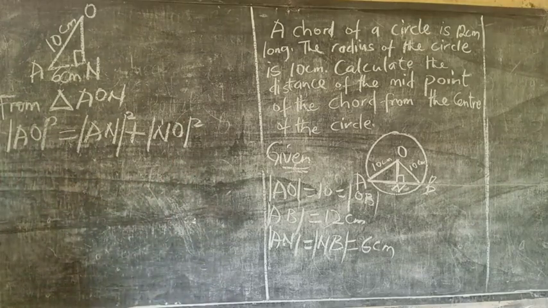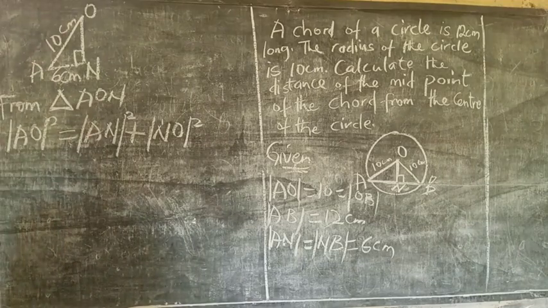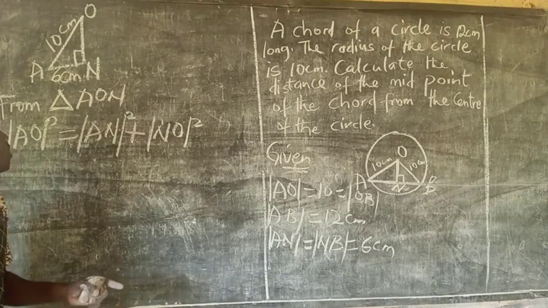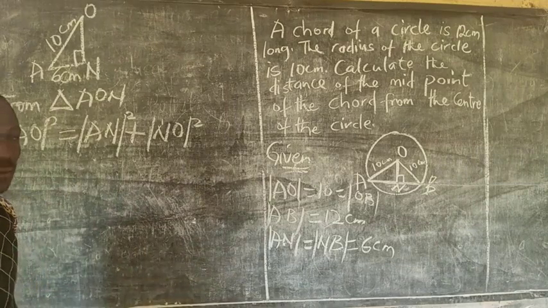Why did I say so? Because there's a theorem in mathematics that says the square of the hypotenuse, the longest side of a triangle, is equal to the sum of the squares of the two other sides. Don't forget it.